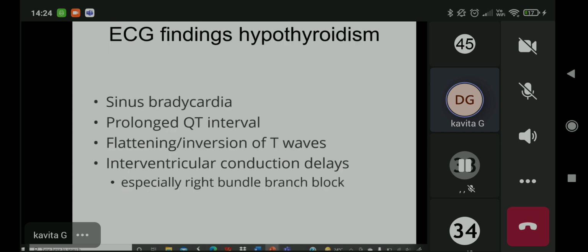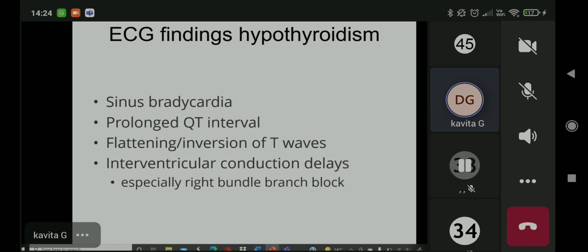So yes, there are other things going on. You can even ask for an ECG. You'd see the heart rate itself is slower than normal: sinus bradycardia. There is a prolonged QT interval, there is flattening or inversion of the T waves, and there may even be conduction delay.